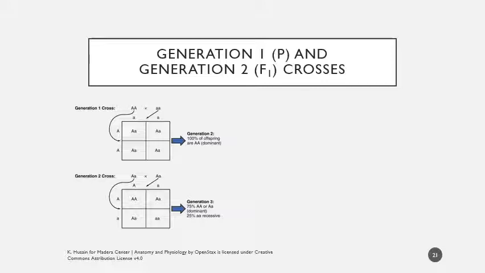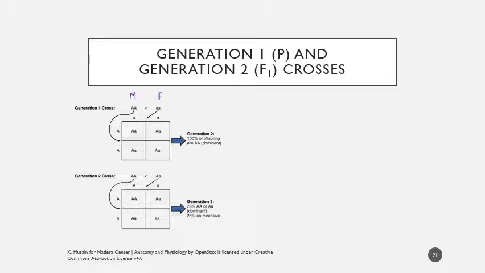This is what we're talking about with these true breeding or pure breeding lines. When we make that cross, let's say that this is the male and this is the female.